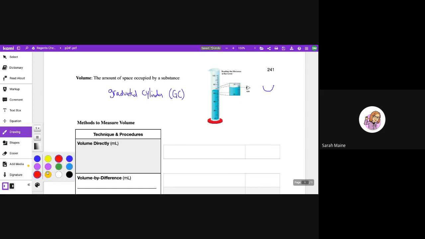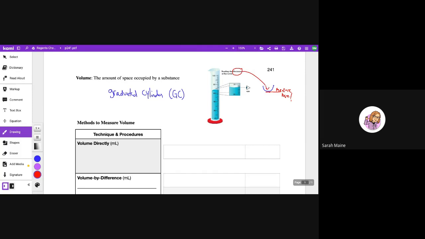And so when we go to measure the volume in a graduated cylinder, we make our reading at the bottommost point of that depression. So this is where we make our measurement. So measure here. That lowest point in the depression is referred to as the meniscus.